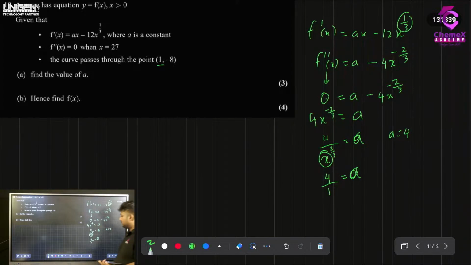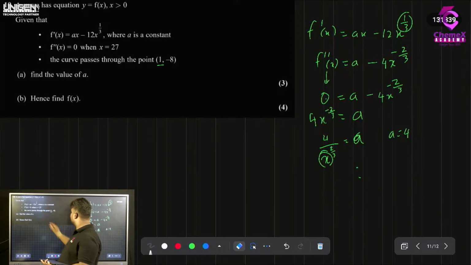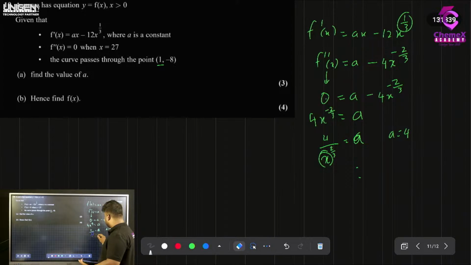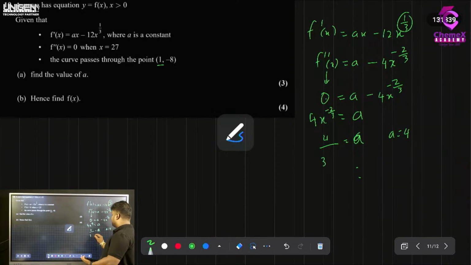Is it just 4? No. It says x is 27. Sorry, I made a mistake. Yeah, x is 27. So 27 can be written as 3 to the power what? If you are a good fellow who can remember the powers, 3 to the power 3, right?